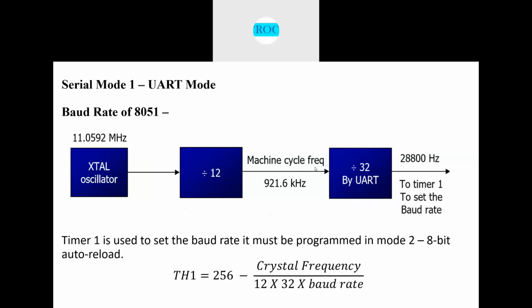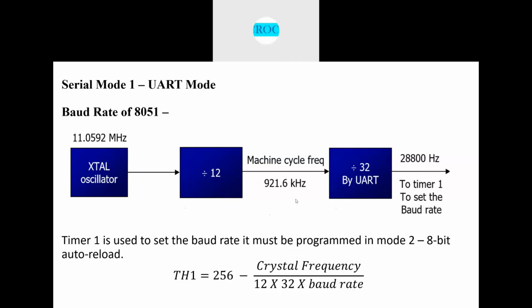For the timer, the frequency we gave was this one, the crystal frequency divided by 12. But in serial mode 1, or UART mode, the machine cycle frequency is 11.0592 megahertz divided by 12, which is 921.6 kilohertz.